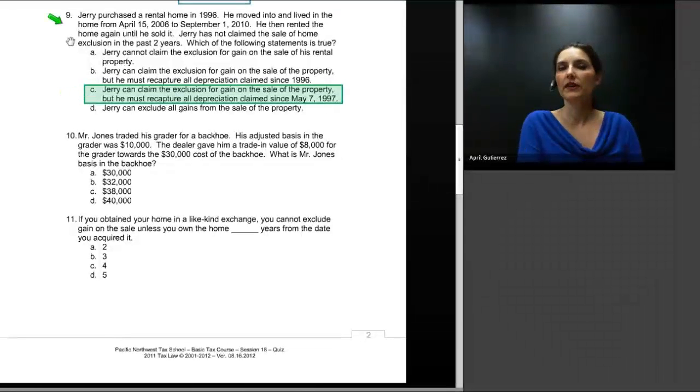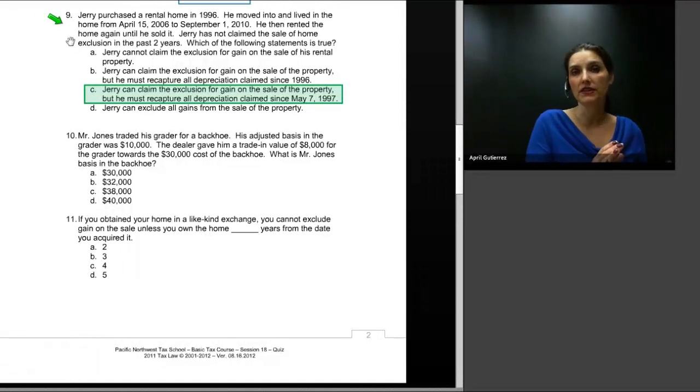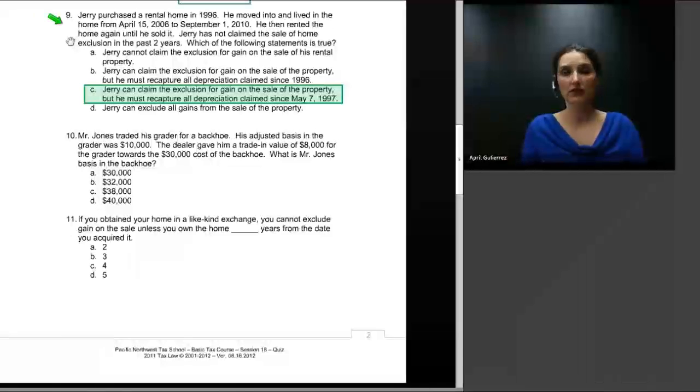Now, question number 9 is a tricky question. Let's look at what's going on. There is a rule that says if you own and occupy your home for 2 out of a 5-year period, you can exclude your gain. We also had these discussions about what happens when a home was business use and then it's personal use. Are you still allowed to exclude the gain?